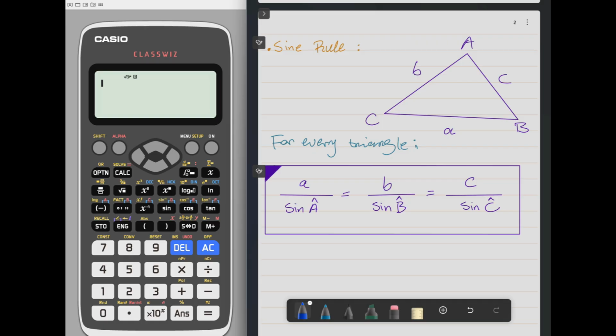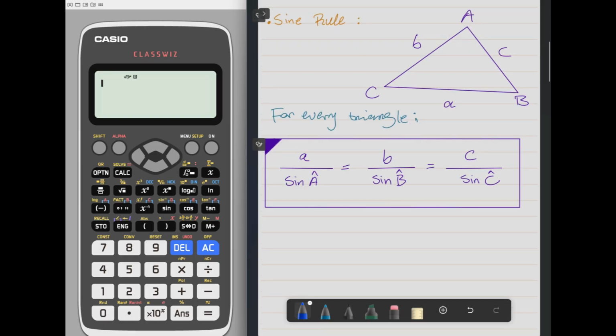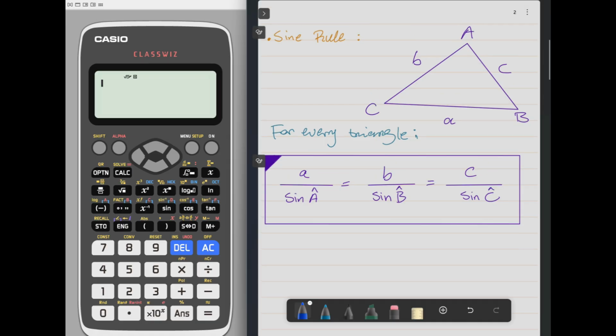I'm not trying to complicate things, so let's just review the rule. For any triangle ABC with sides A, B, and C as mentioned here, we have A over sine of angle A equal to B over sine of angle B equal to C over sine of angle C.